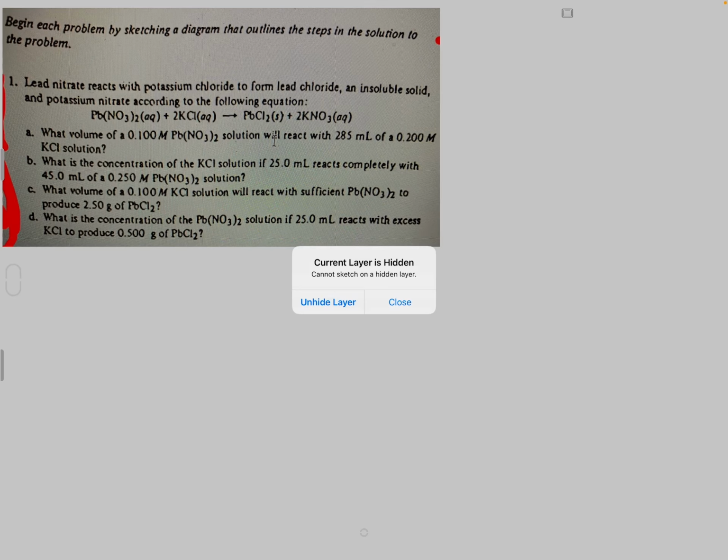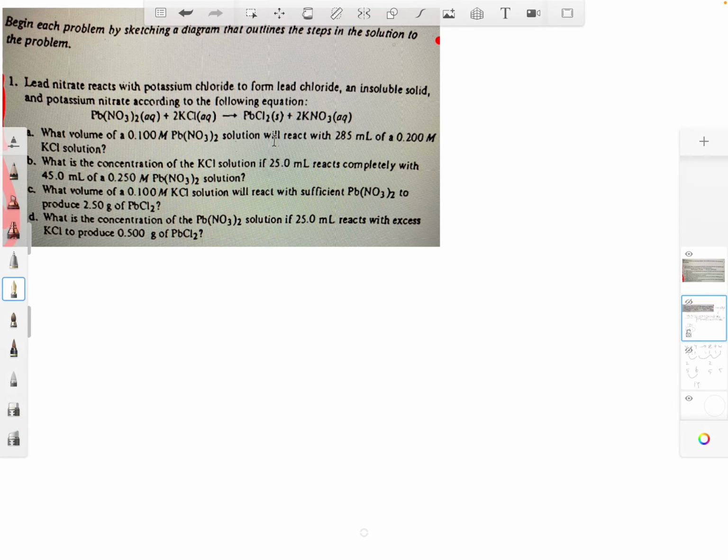The good news is the equation is already balanced, so what we need to look at is just the amounts. Let's look at scenario A.